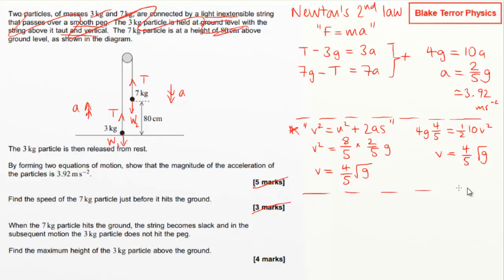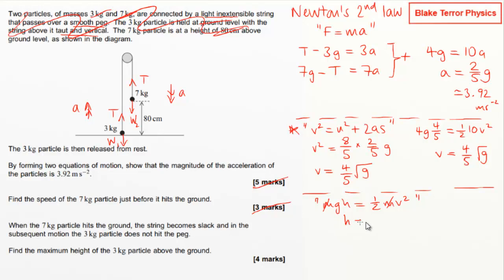So for the last bit, it's got this velocity here, so we can do our mgh is equal to a half mv squared bit. So the m's aren't going to matter, so we need to do 2gh is v squared.